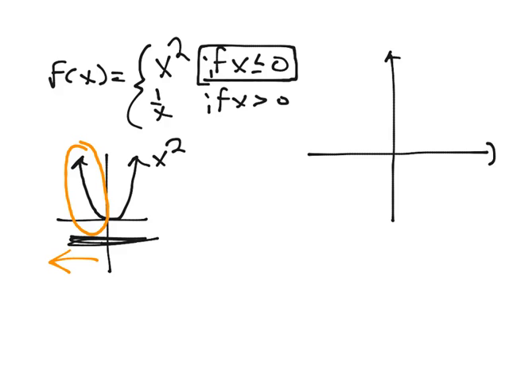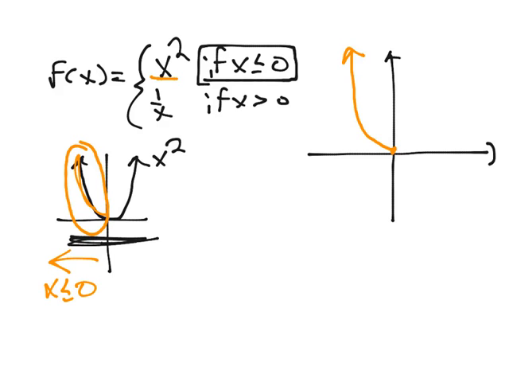Just this left-hand side where x is less than or equal to 0, I'm going to use and graph here. So there's the first part of my piecewise function. It's x squared, so it's half a horseshoe if my x's are less than or equal to 0.